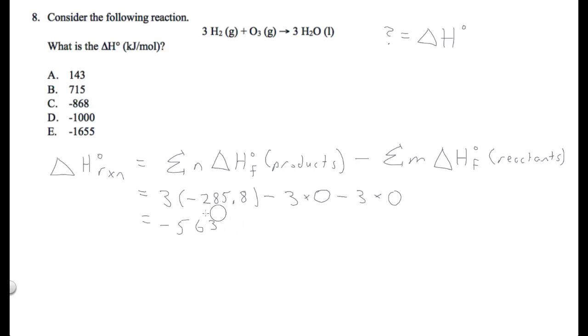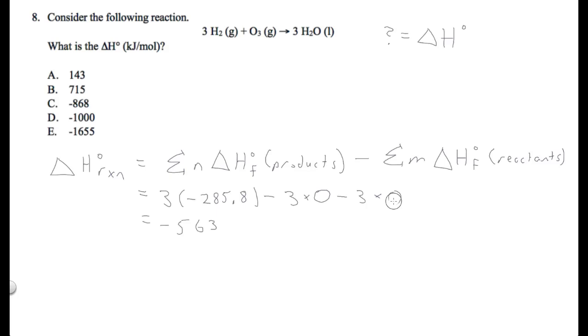So now let's keep going. Where did this number come from? Well, that came from H2 gas, which is good. And where did this number come from?